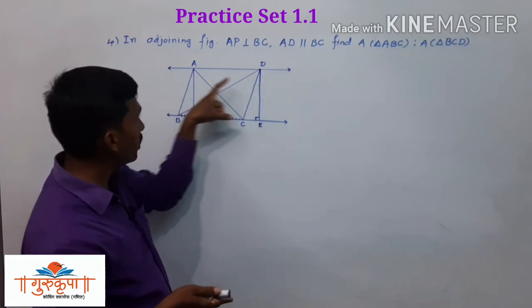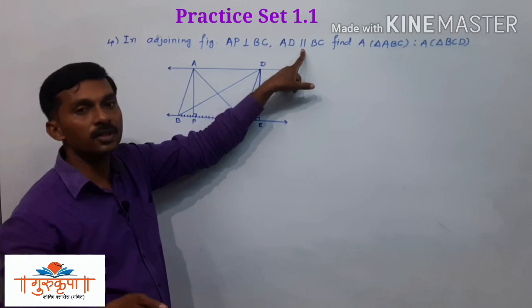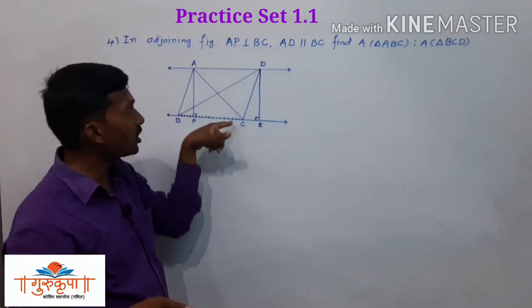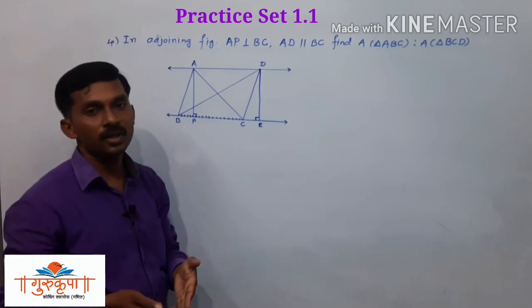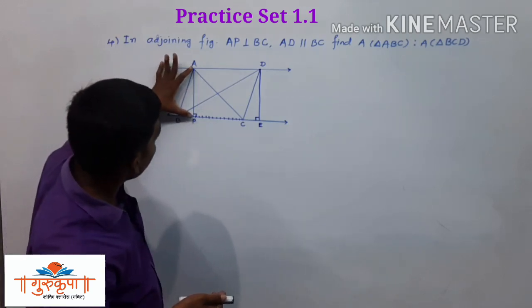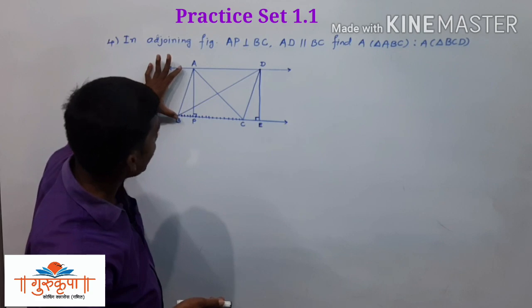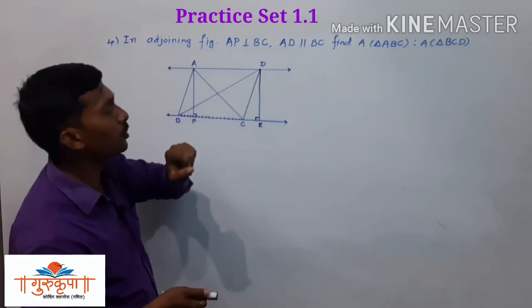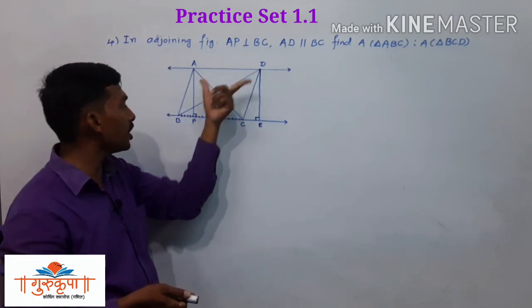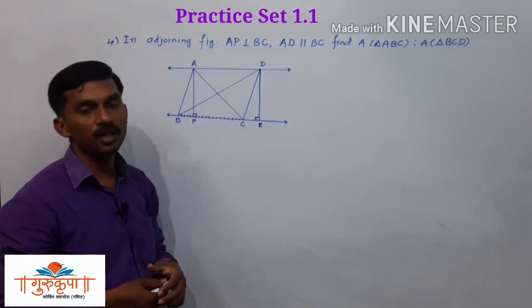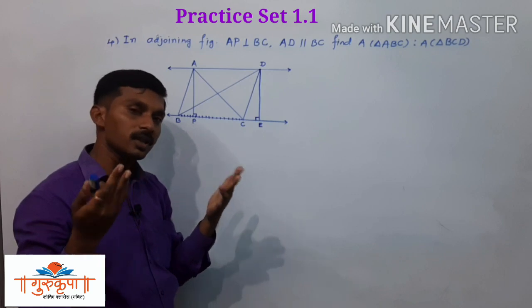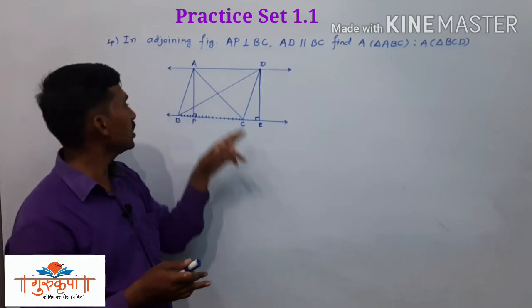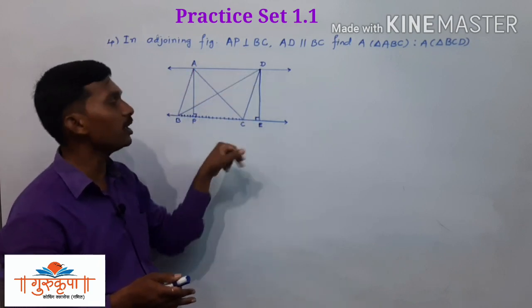These two lines are parallel to each other, that is given information, and the perpendicular distance between two parallel lines is always the same. Here AP is the distance between the lines AD and BC, and DE is also the perpendicular distance between AD and BC. The perpendicular distance between two parallel lines is always equal, so AP is equal to DE.